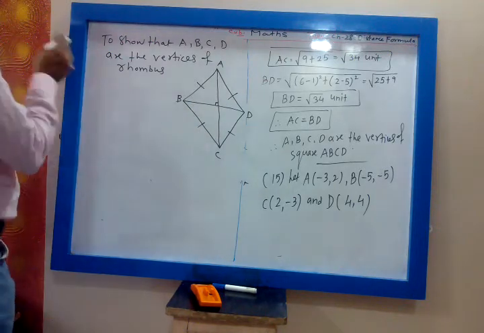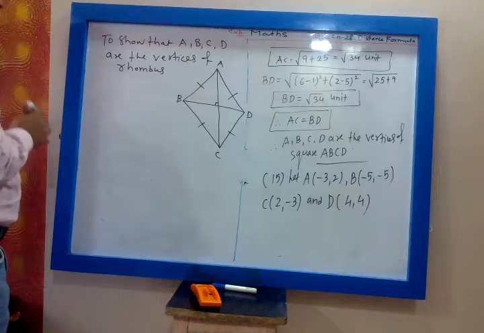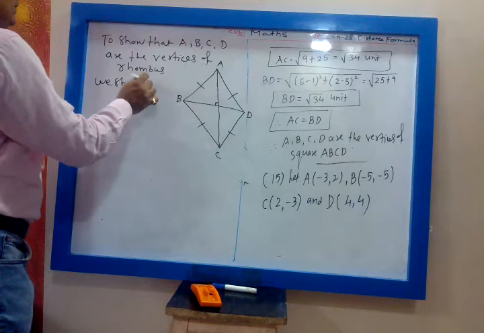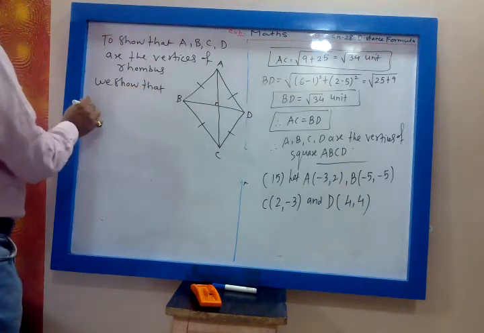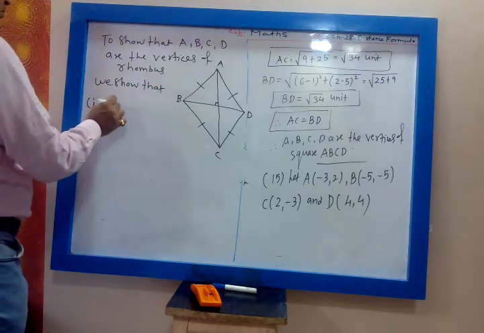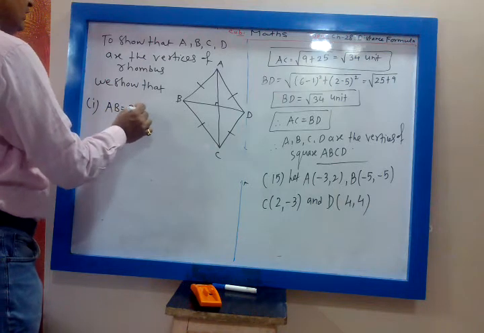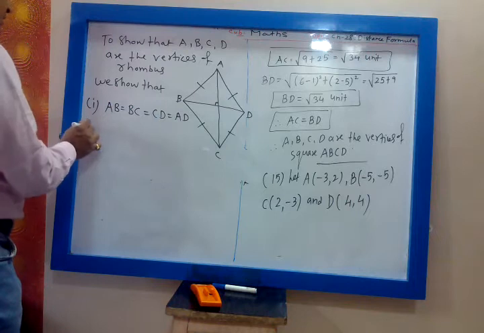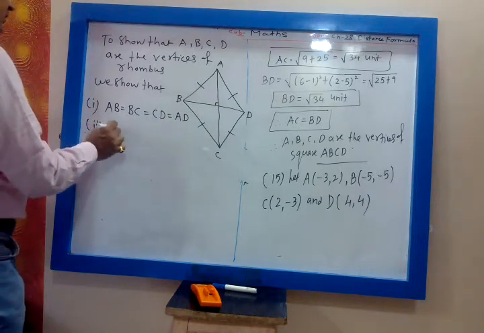Okay. To show that ABCD are the vertices of rhombus, we show that first condition, all four sides are equal. Means AB is equal to BC is equal to CD is equal to AD. Second, we show that diagonals are not equal.